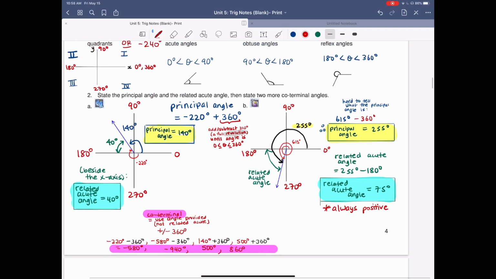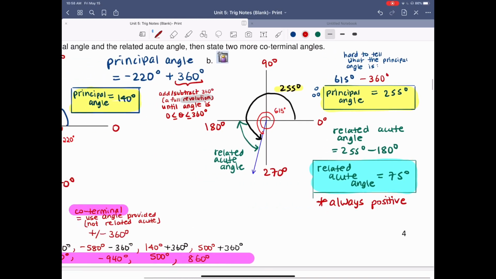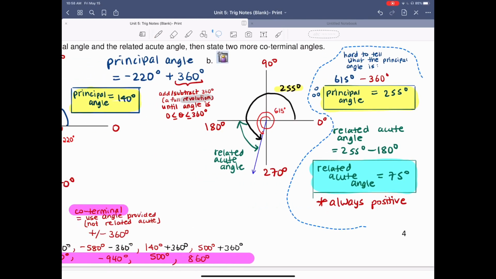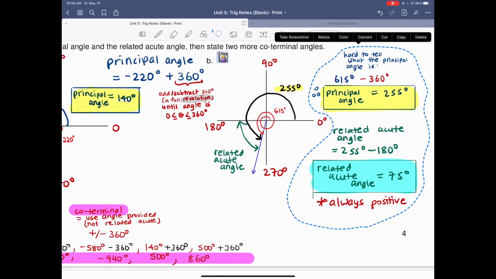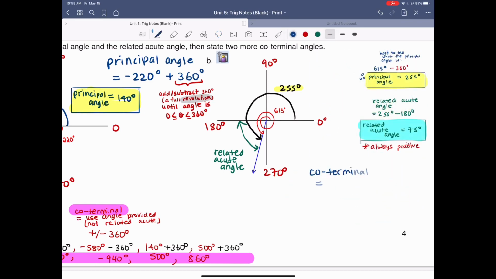Coterminal angle, what I need to do is just add and subtract 360 degrees to my original angle. Since coterminal just means lying on that same terminal arm, that's why I'm writing 615 degrees as one of the coterminal angles. So from there, I'm going to add and subtract 360. 255 minus 360, I will get negative 105.